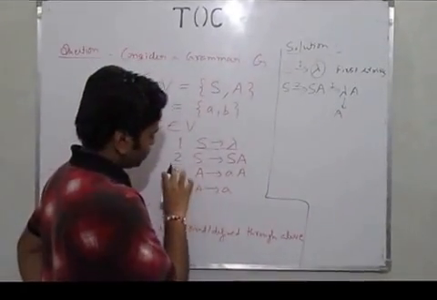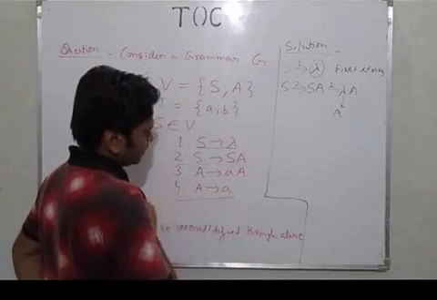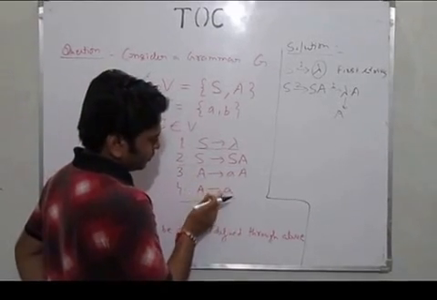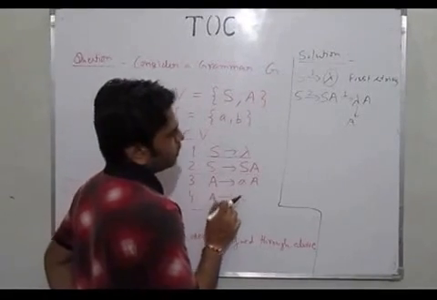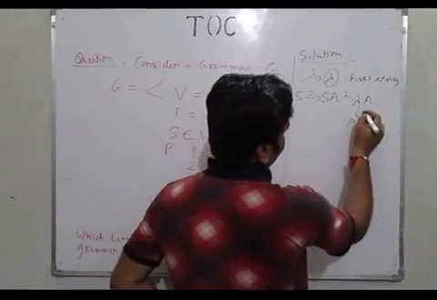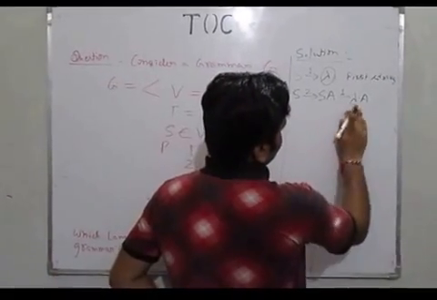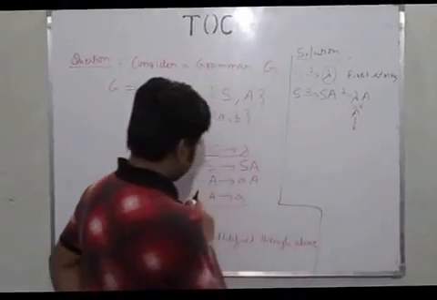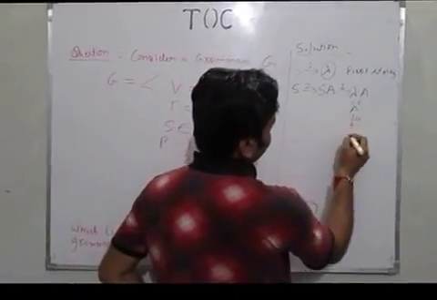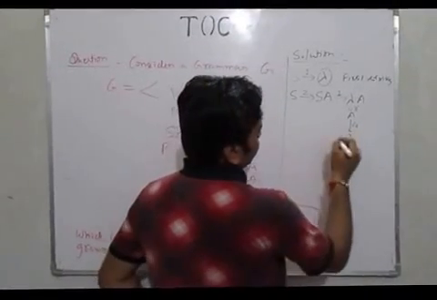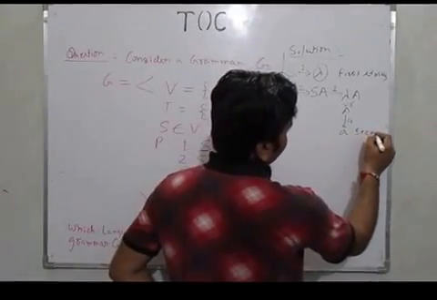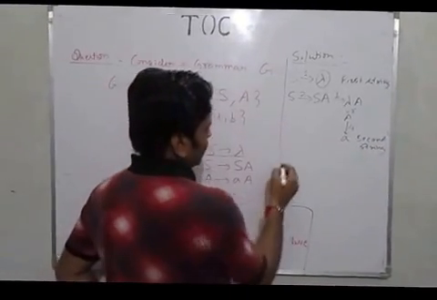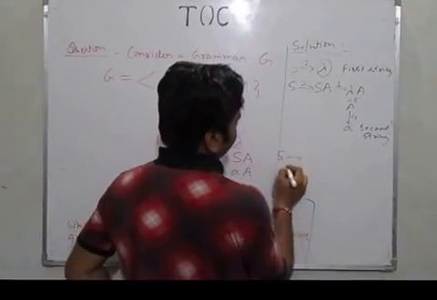Now there are two possibilities. Either I can obtain this thing or this thing. So I will start from this thing because it will simply give you a. When I use production 4, I will obtain a. So a would be the second string. Similarly, I move on to obtain further strings.